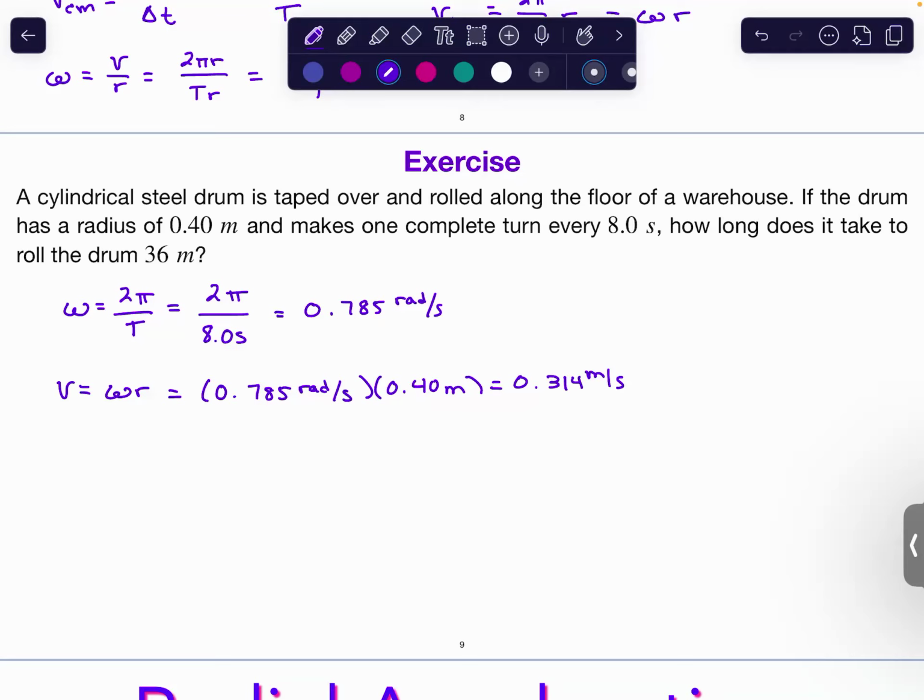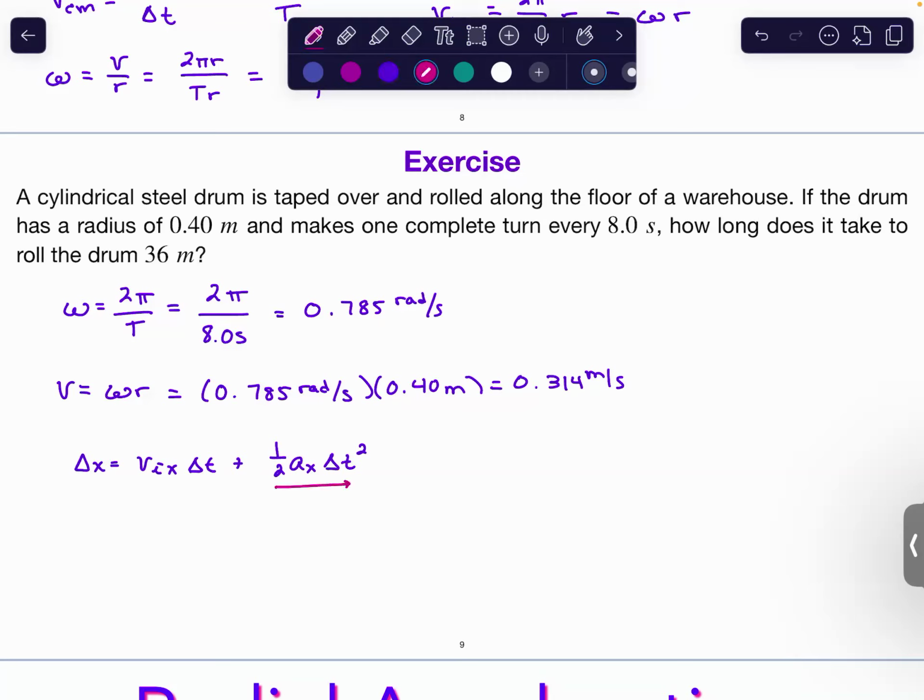Now, how do you think I figure out how long it's going to take to travel that distance? Because I now have the linear velocity of the center of that drum going that way. No, what we're going to use is the kinematic I chose just because I can make it really simple. You can solve it with another kinematic, fantastic.